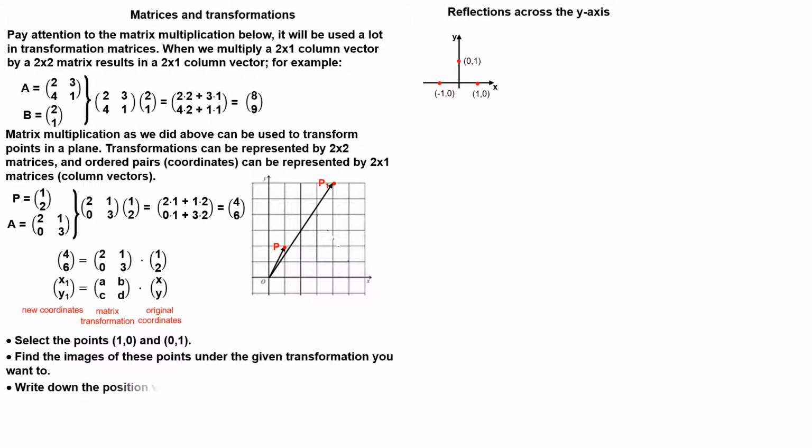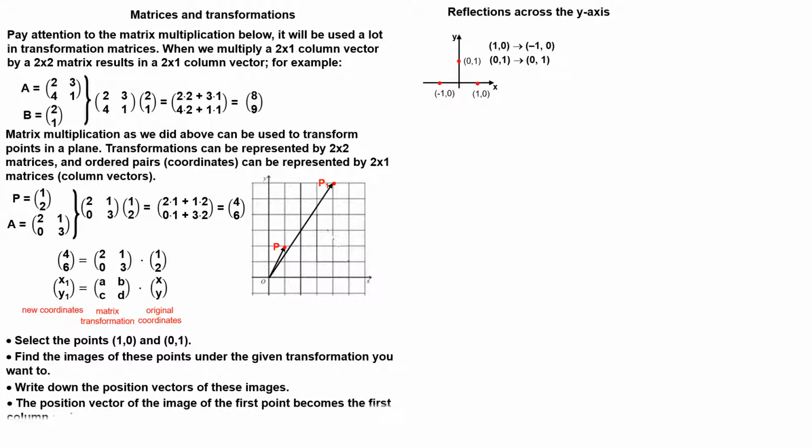Write down the position vectors of these images. The position vector of the image of the first point becomes the first column, and the position vector of the image of the second point is the second column of the required matrix.